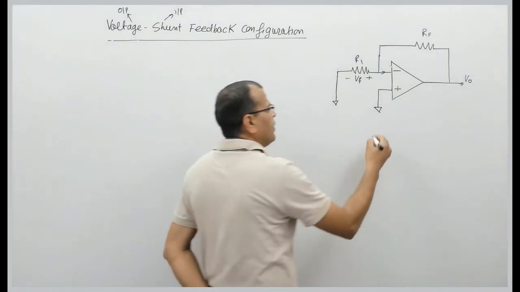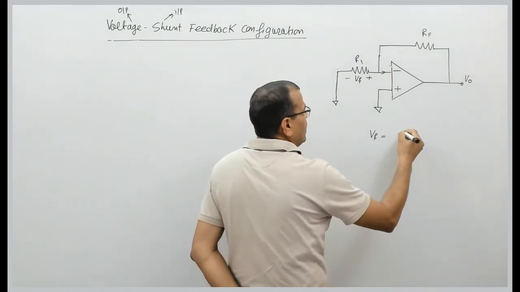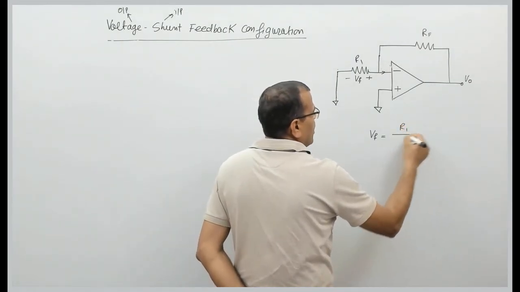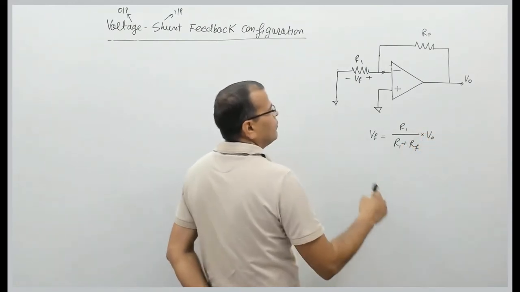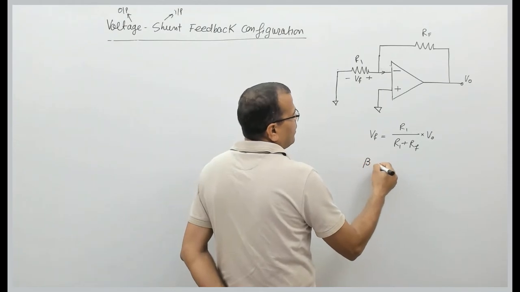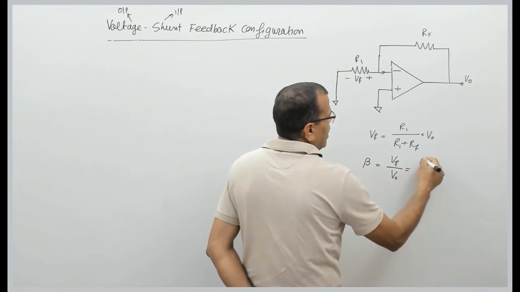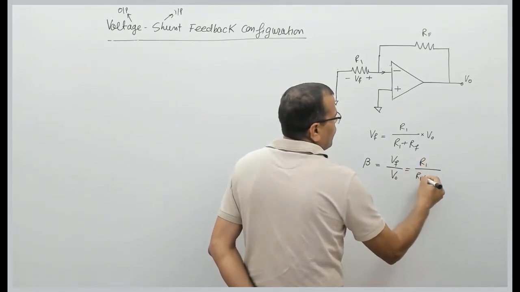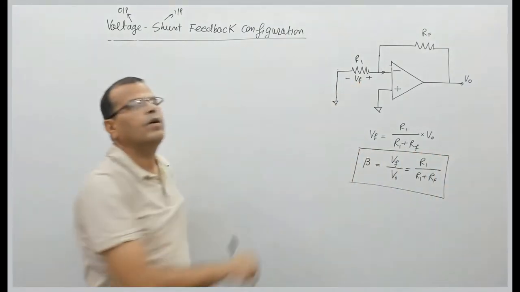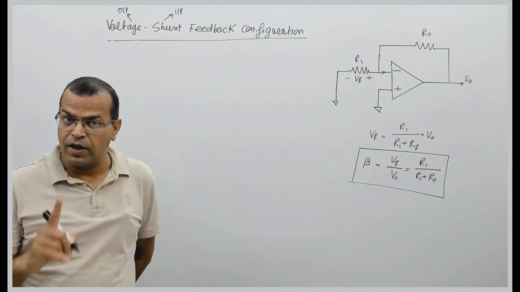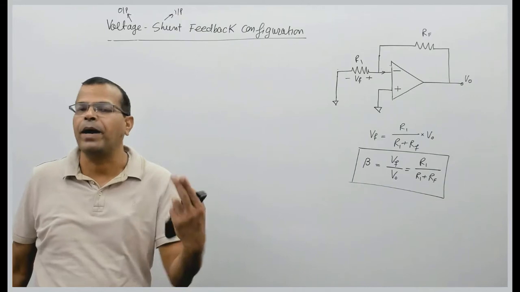And the feedback voltage, because of output, when there is no input applied, is R1 divided by R1 plus RF into V0. That is the voltage fed back, and the feedback factor is the ratio of feedback voltage to output voltage, that is R1 by R1 plus RF. This is the feedback factor for, I repeat, input signal which is voltage.